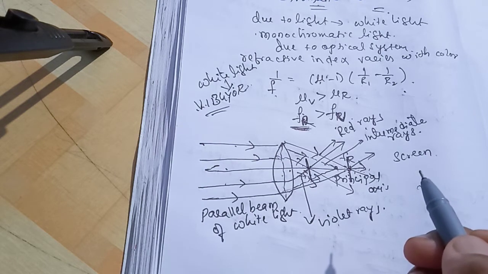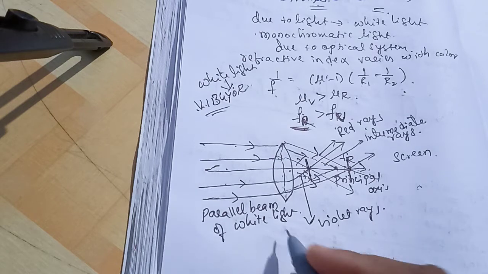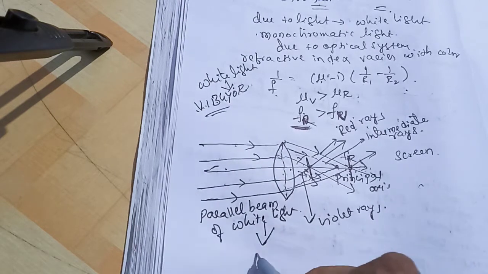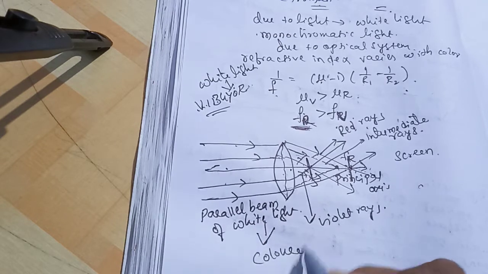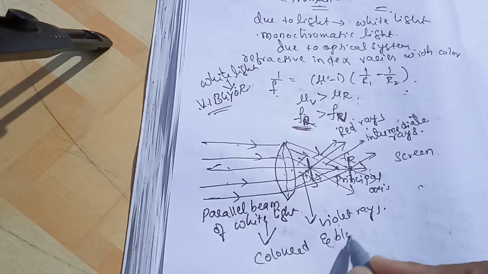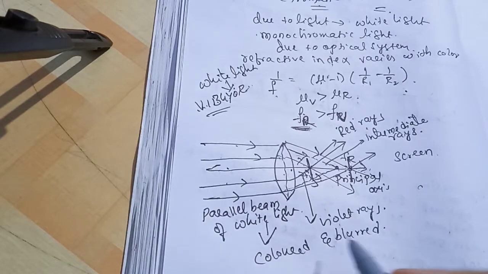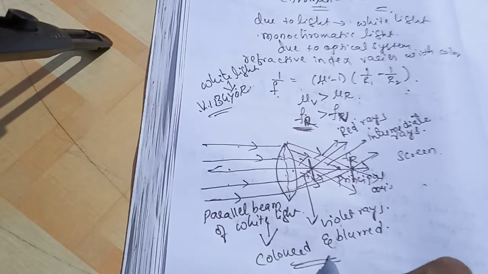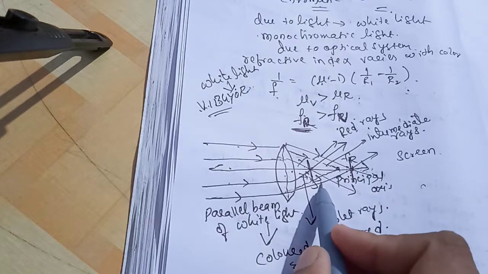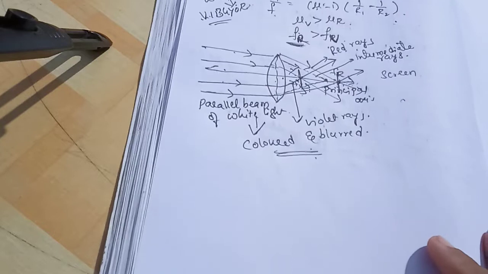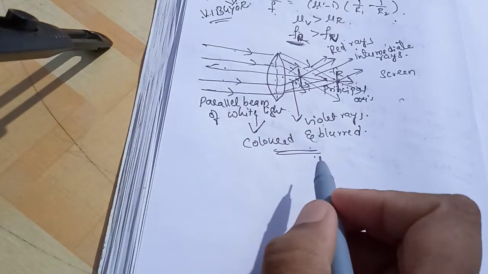No, it is looking blurred. So the image of this white object is colored and blurred. This defect we call chromatic aberration.